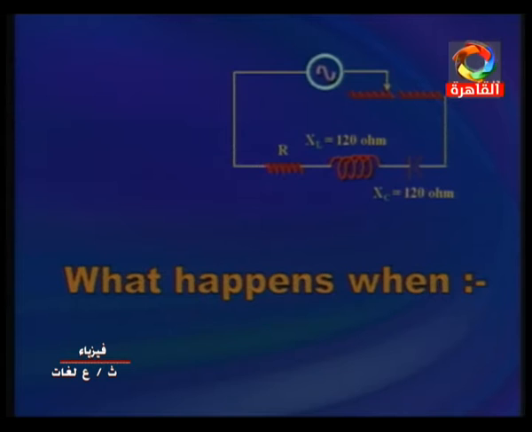We've got a fixed resistor R and a variable resistance. Since XL is equal to XC, the circuit is in a state of resonance, as long as they are equal to each other.